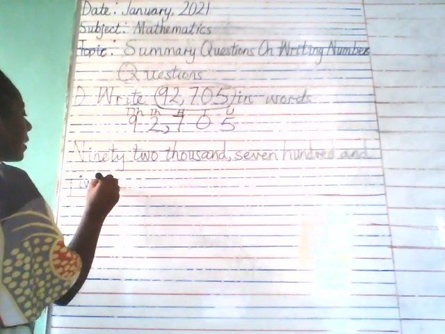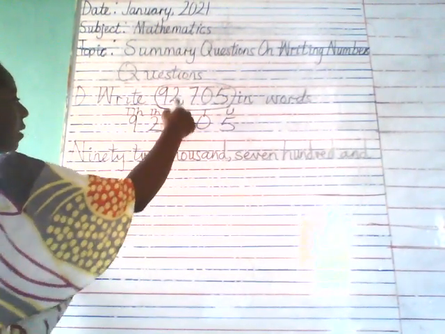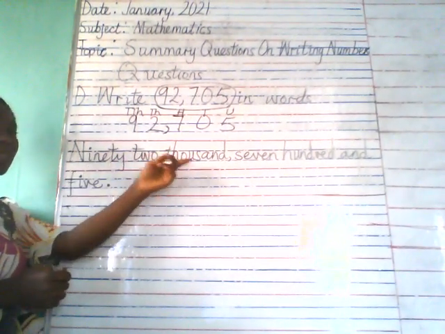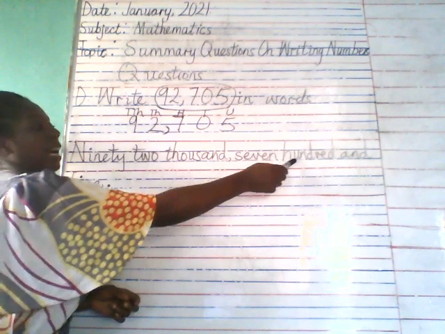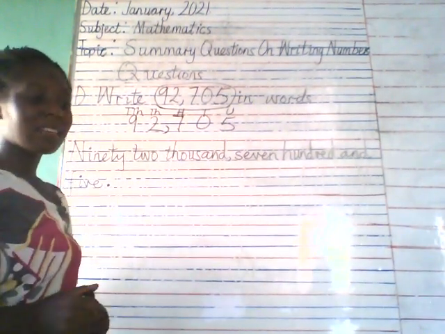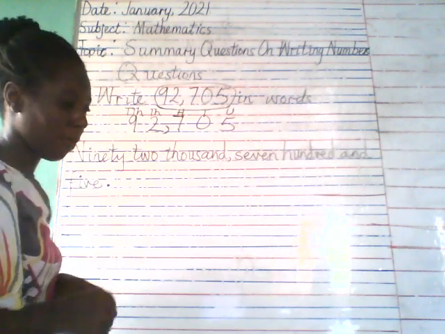Can you see that? 92,705. 0 is nothing. So I have, look at it, 92,705. You have written that. Now let's go for question 2.